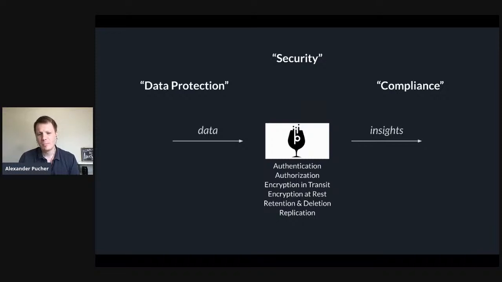In this talk, I'll break down the concepts that are built into Pinot into 3 major groups. First, authentication and authorization, then a piece about encryption of data, both in transit and at rest, and then a summary chapter about data management, retention, deletion, and replication aspects, so mostly an availability and compliance feature.